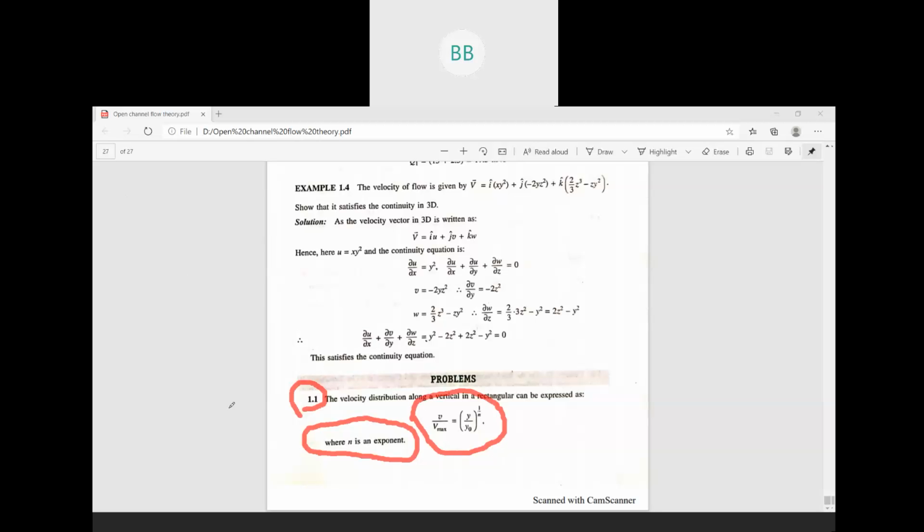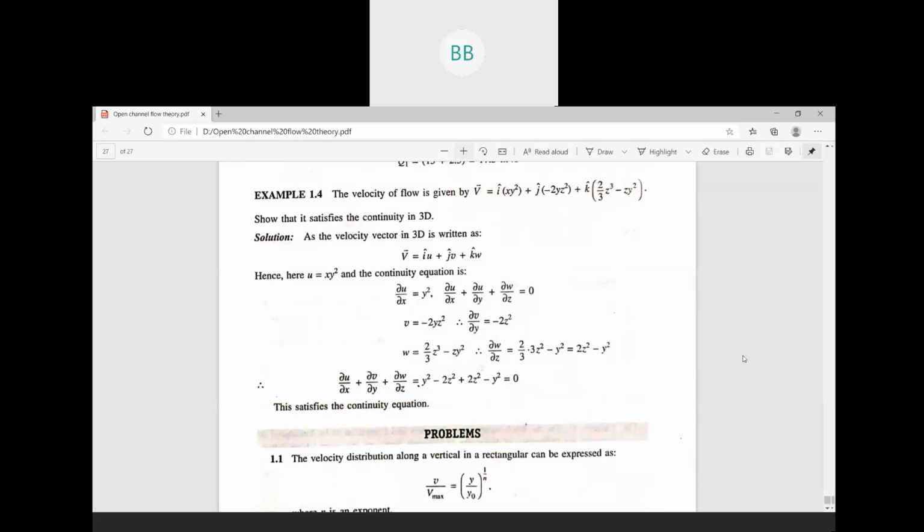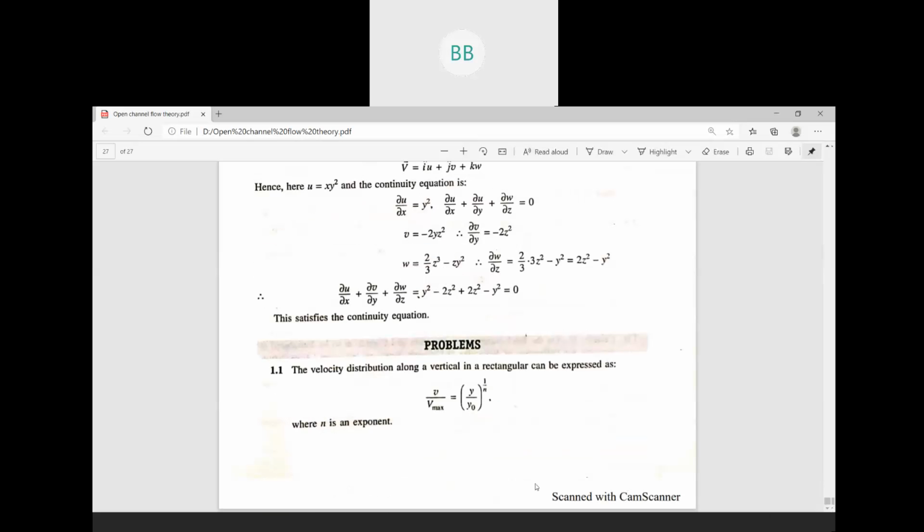So write down question number 1.1: the velocity distribution along a vertical in a rectangular channel can be expressed as small v divided by v max equal to (y by y naught) to the power 1 by n, where n is an exponent.